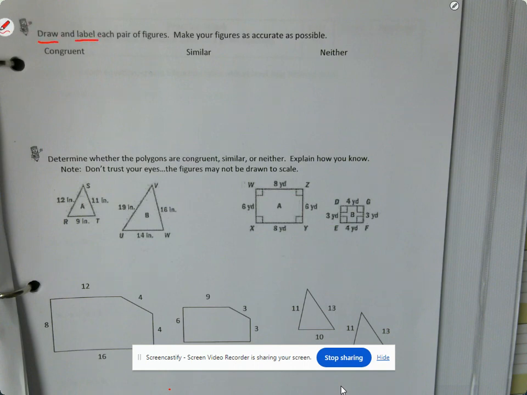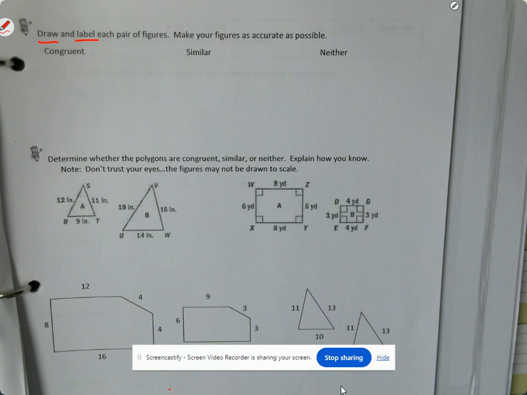Draw and label each pair of figures. So make your figures as accurate as possible. So you're not just drawing something that looks congruent, you're proving it with your numbers. You're not just drawing two shapes that look similar, you're proving it with your numbers. Same thing with the neither. You draw two shapes, and you can prove that they are not congruent and not similar.